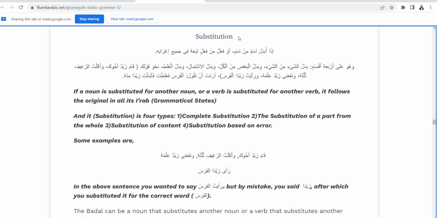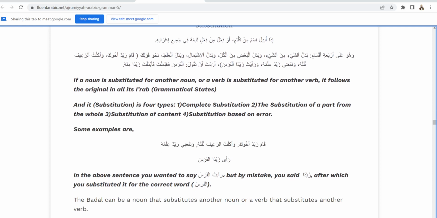بدل الكل من الكل, complete substitution, all from all. البعض من الكل, part from whole. Number three, content, which is بدل اشتمال. Number four, بدل الغلط.